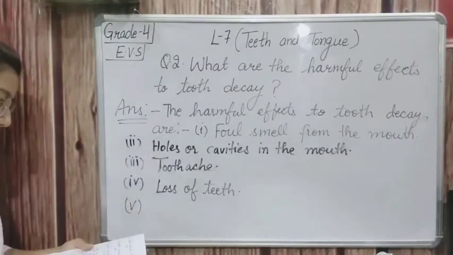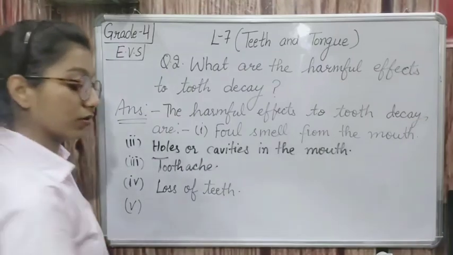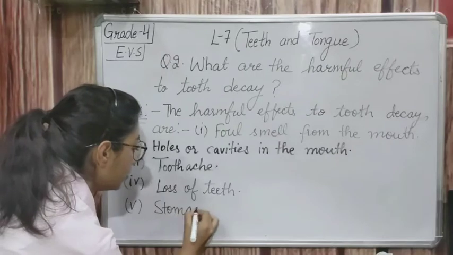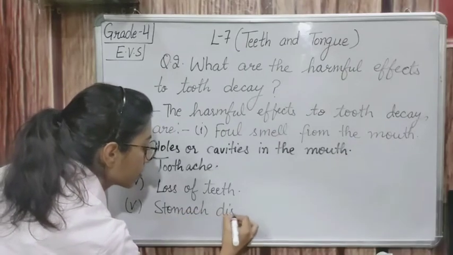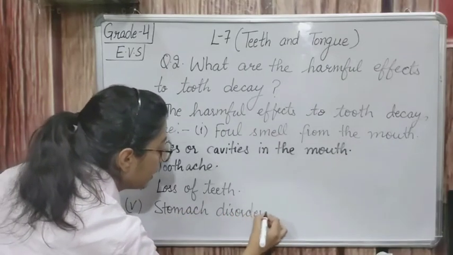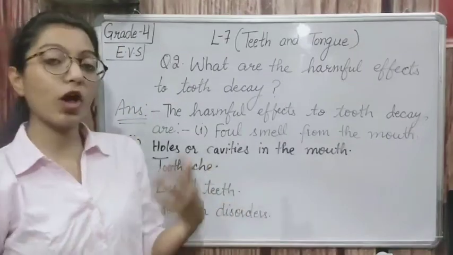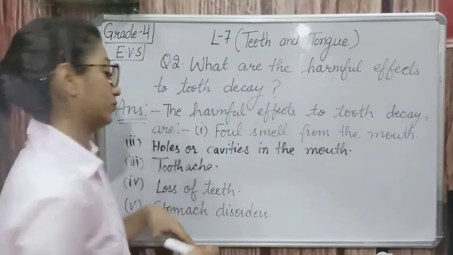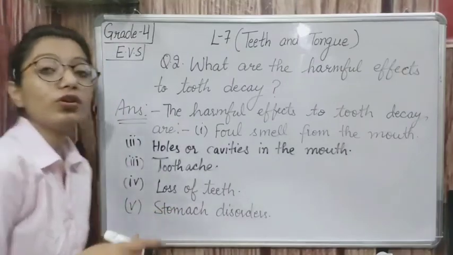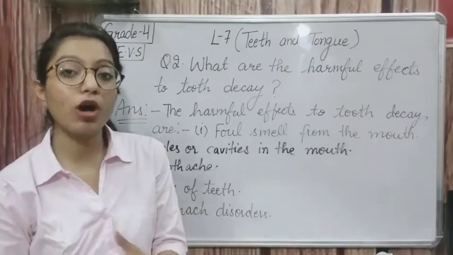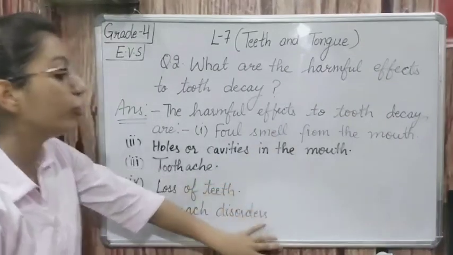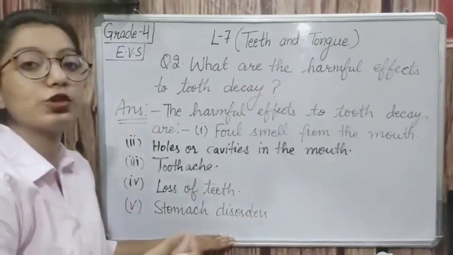Then the fifth is stomach disorders. It creates some problem in the stomach also. So tooth decay creates the problem in stomach also. So these are some harmful effects just because of the tooth decay.